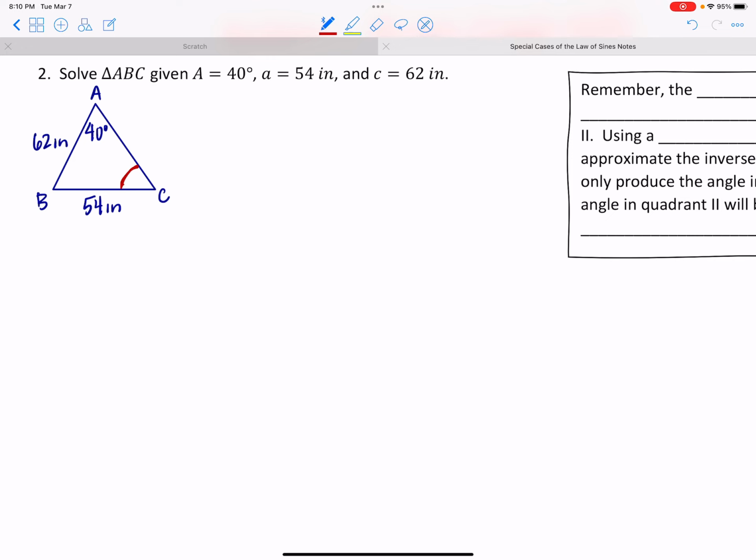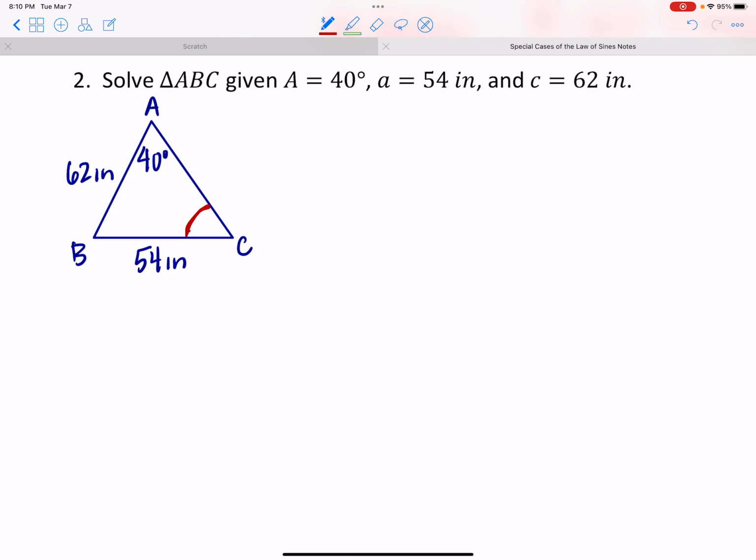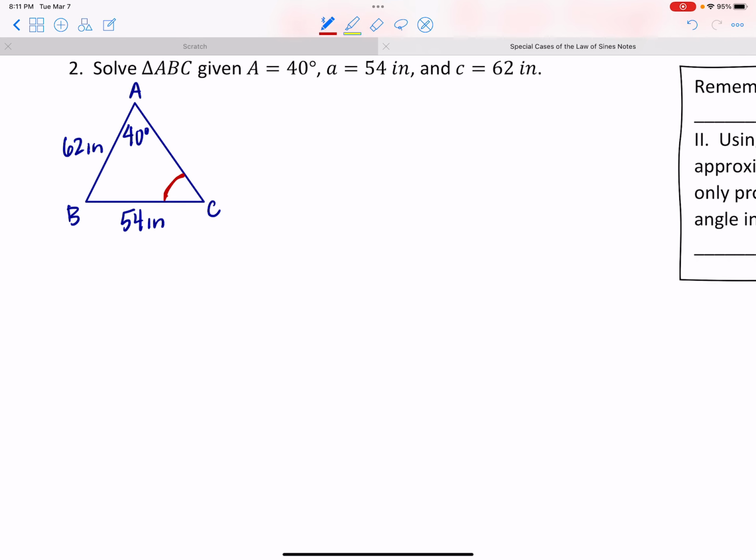I also can't find angle B because I don't know side B. So I have to find side or angle C in this one. Okay, so let's do it.